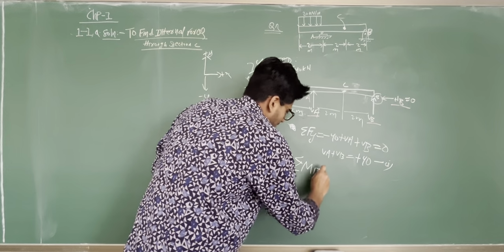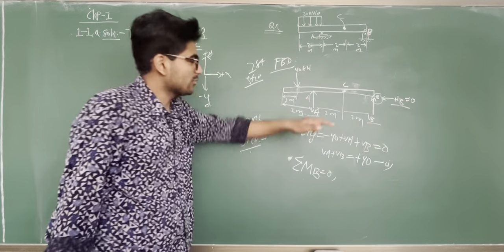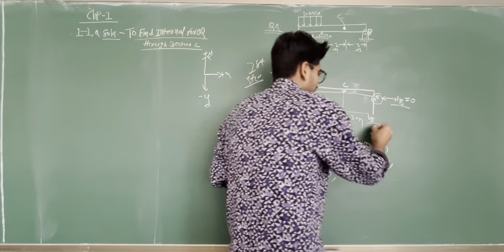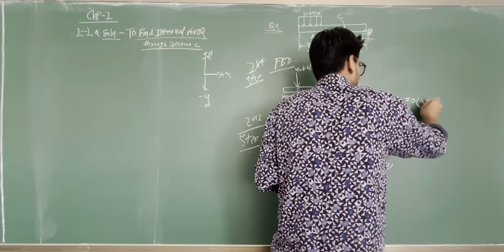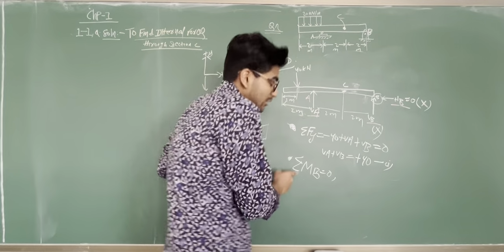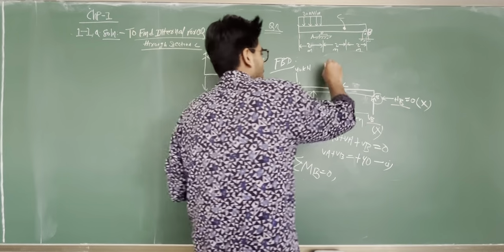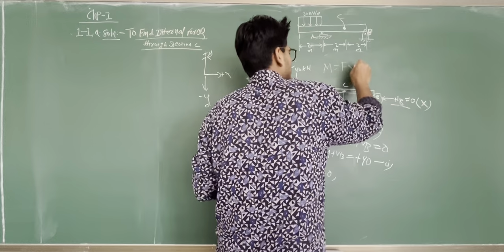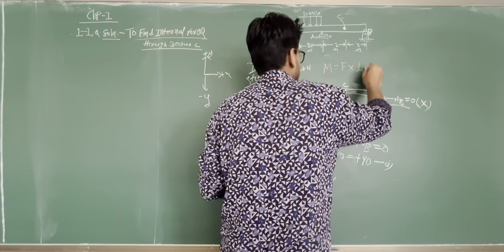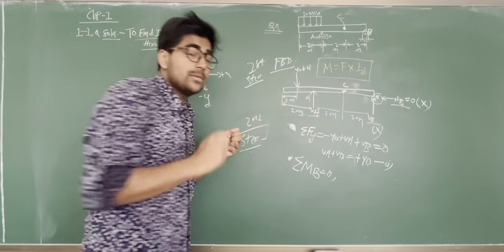Summation of moment at B equals to 0, right? Since we take a moment at B, this one and this one will be cancelled out. Why will this be cancelled out? We have to understand what a moment is. If you don't know, moment equals force into perpendicular distance. So there should be a perpendicular distance.